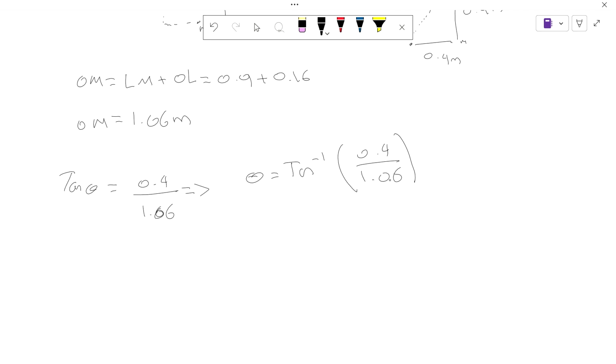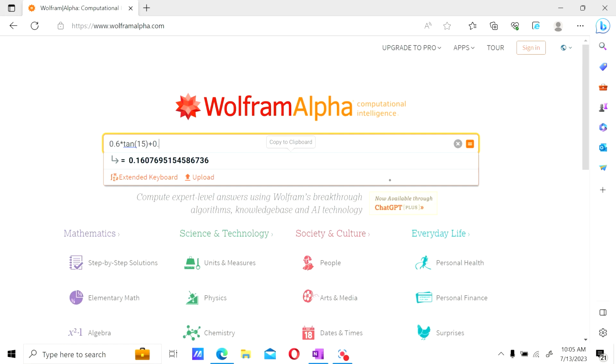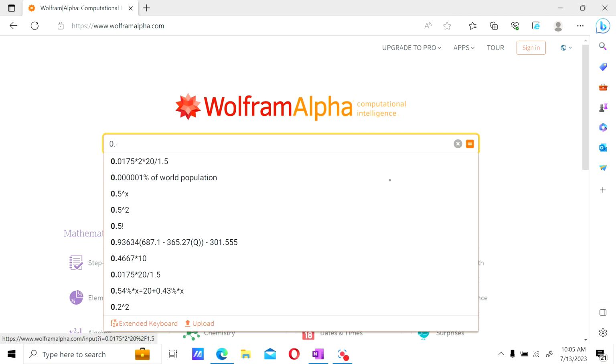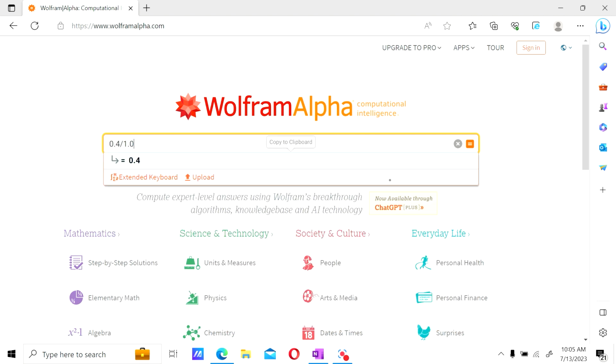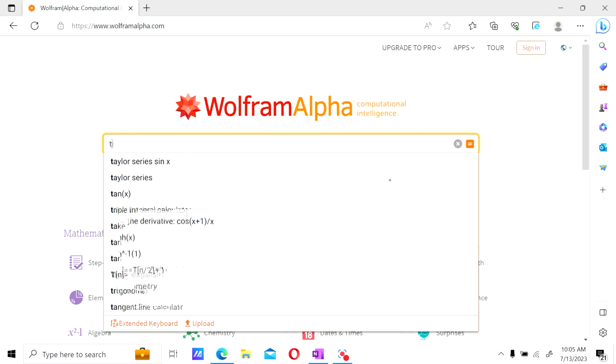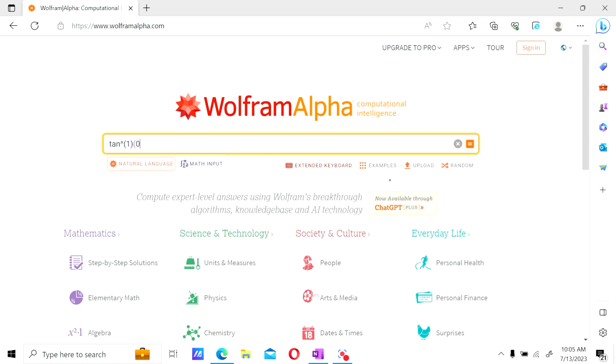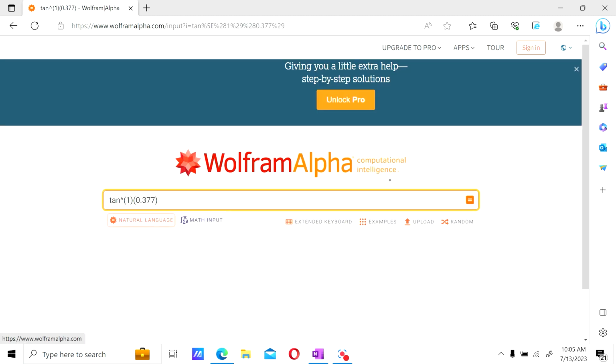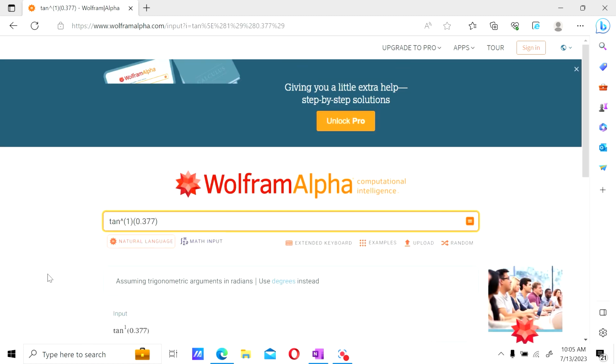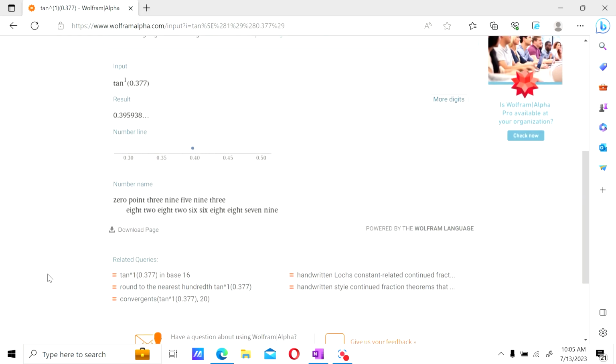All right, so what is that? 0.4 divided by 1.06 is 0.377. So tangent inverse of 0.377, and that value is in degrees.